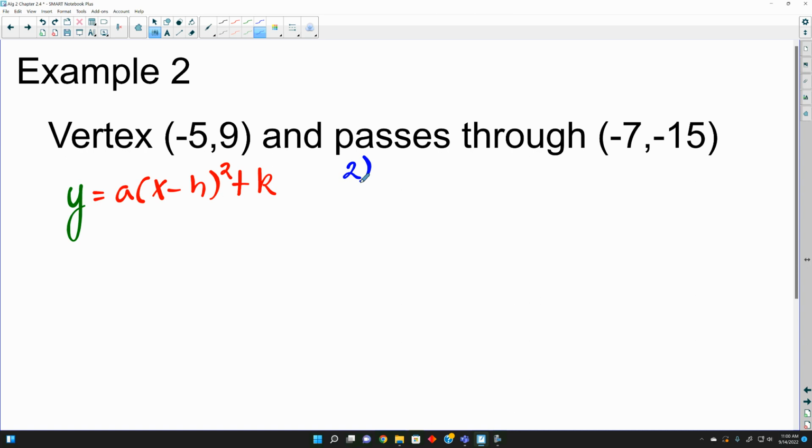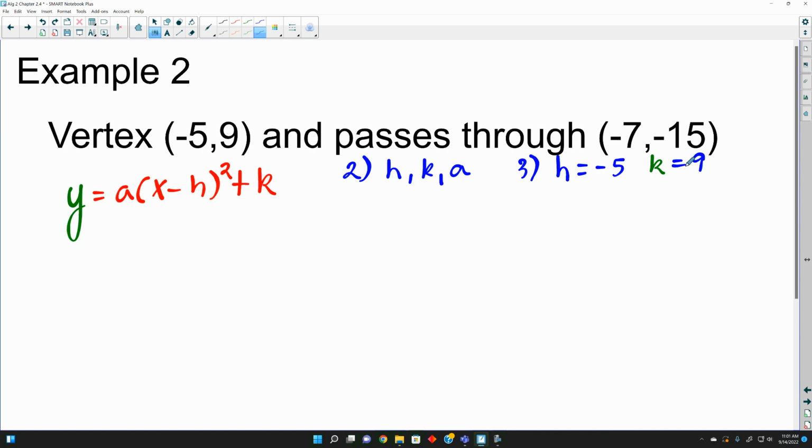So number 2, the values of h, k, and a are the variables that we want. So h is -5, and k is 9. Just focus back in.